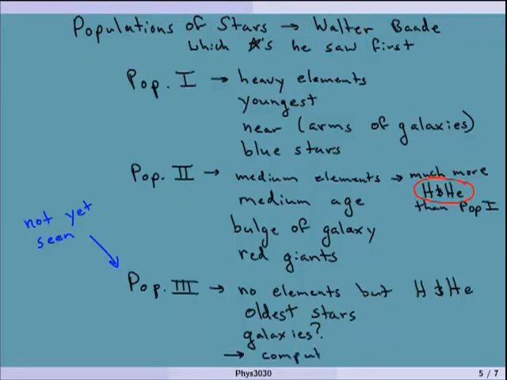Starting with what we know about the composition of the universe way back in the day, we can use computers to simulate what a population 3 star would look like. And the neat thing about these stars is because of some of the chemistry of hydrogen and helium.